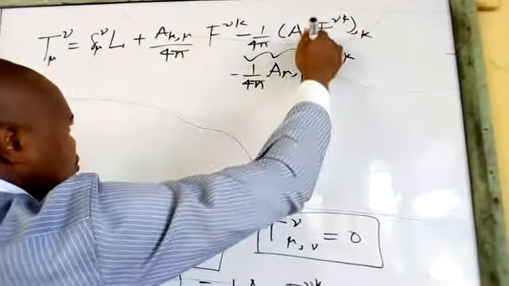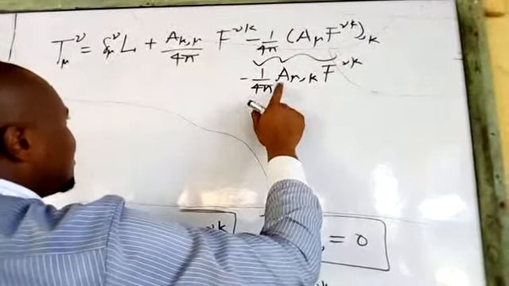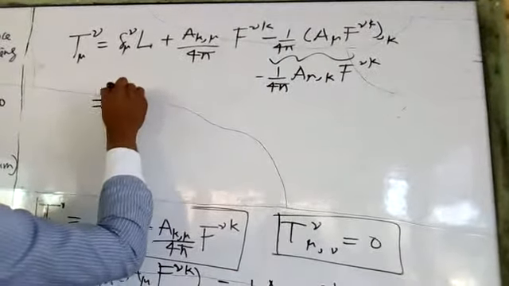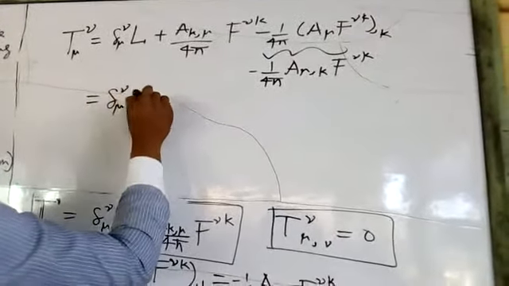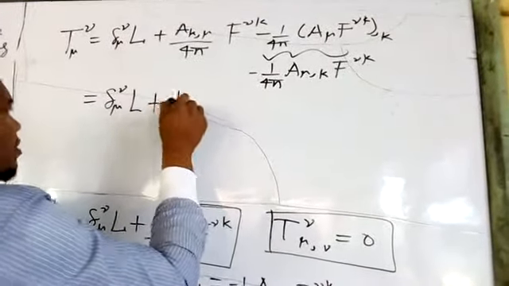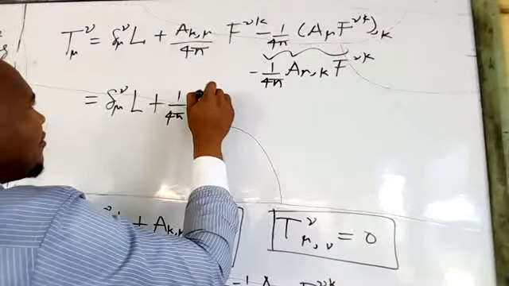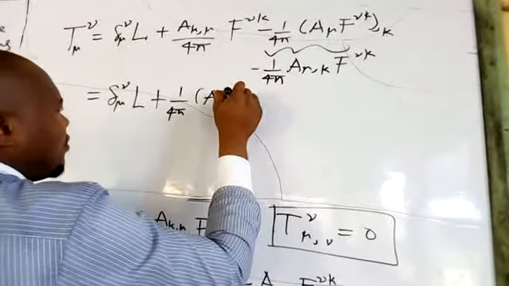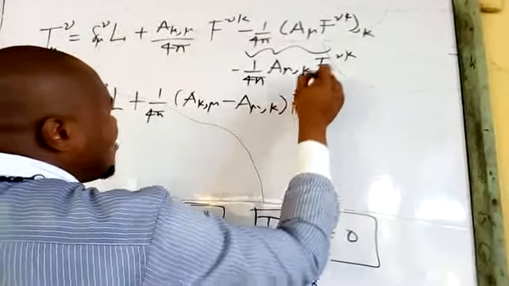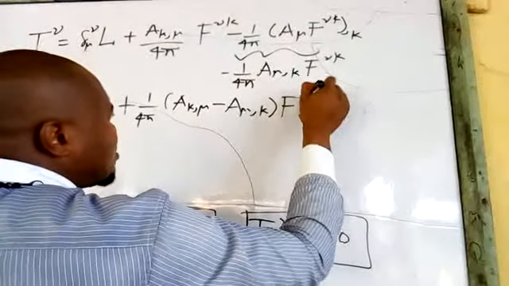So by Leibniz rule, we have just this term as a non-zero term. So in the next step, you can see, if I combine these two terms, I have 1 over 4 pi common to both. I'm going to have here A^(kappa,mu) minus A^(mu,kappa), multiplying both of them.